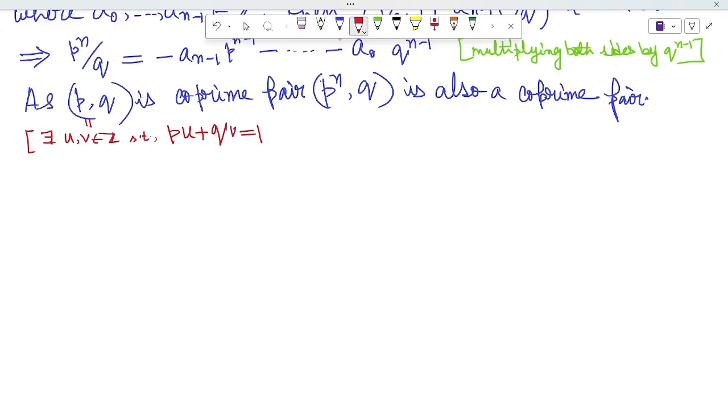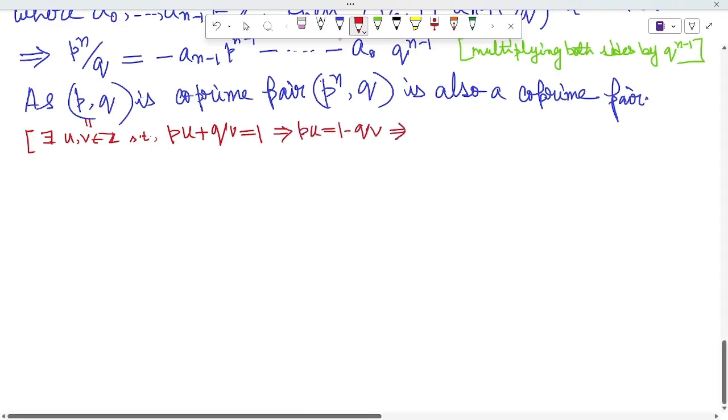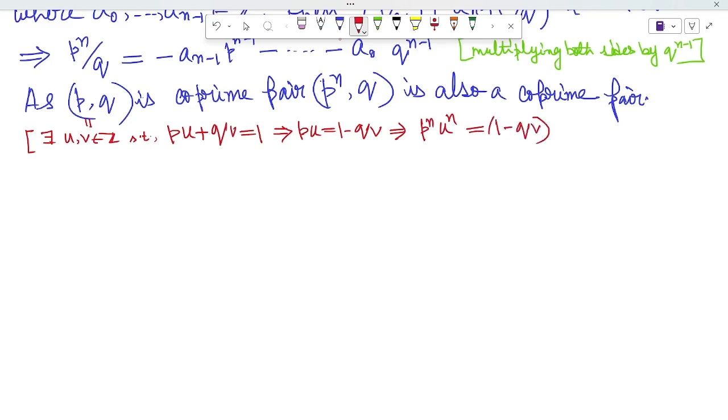Now that means pu equals 1 minus qv. So p to the power n, u to the power n equals 1 minus qv whole power n. That is 1. Now if I exclude the first term 1 in the binomial expansion, every term will contain q. So it is q into some k.